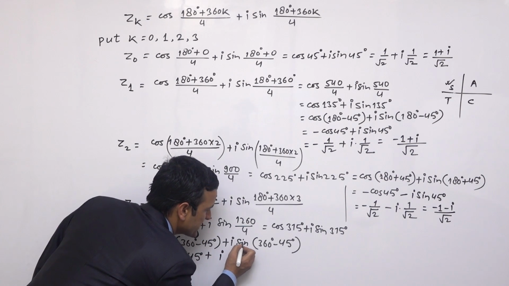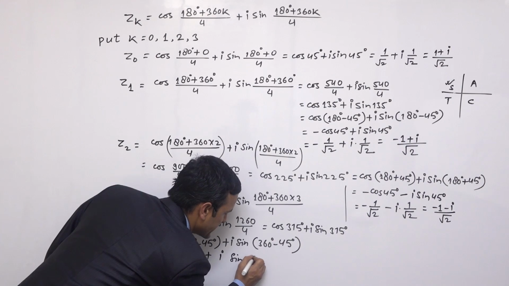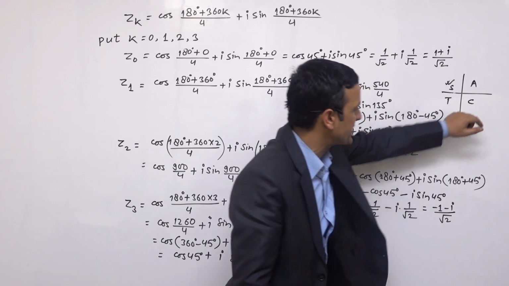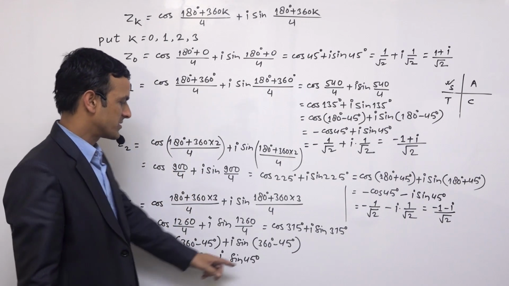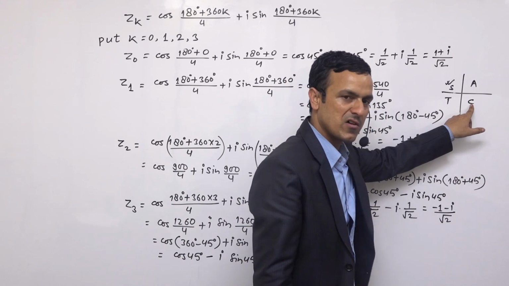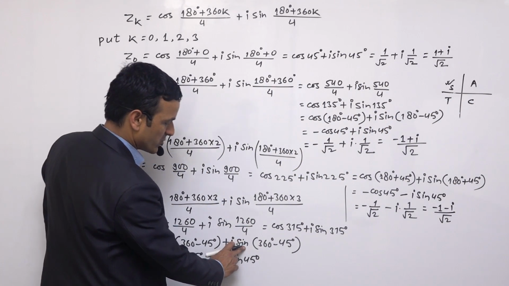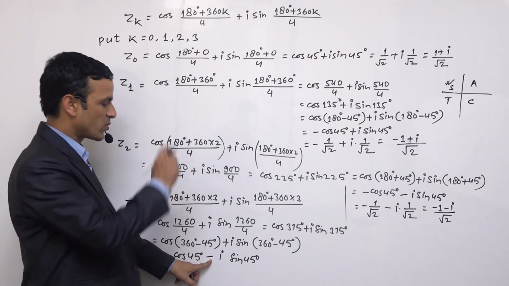And i sin (360 minus theta) means sin theta, but the sign is negative here. So write down the negative sign. In the fourth quadrant only cos and sec are positive, but here we have sine, so sine is negative in this quadrant.